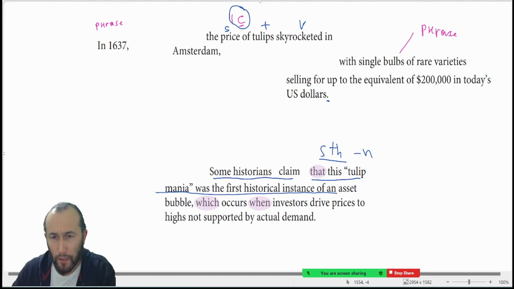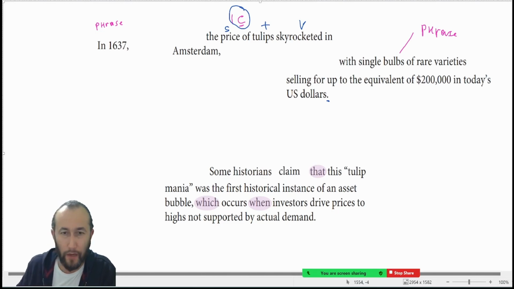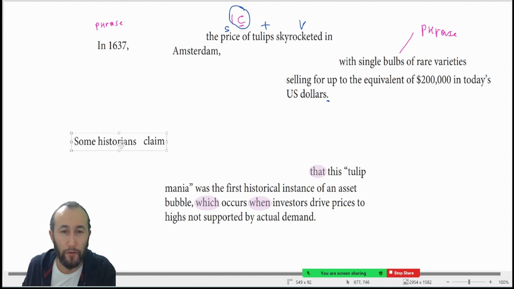Okay. Now I'm going to separate the dependent clause itself. There you go. So I'm going to put it here. Some historians claim, and now we got a noun clause. You see, inside the noun clause we got other dependent clauses inserted.